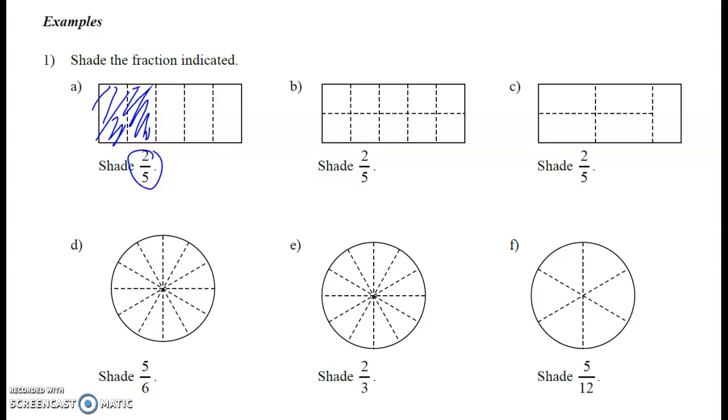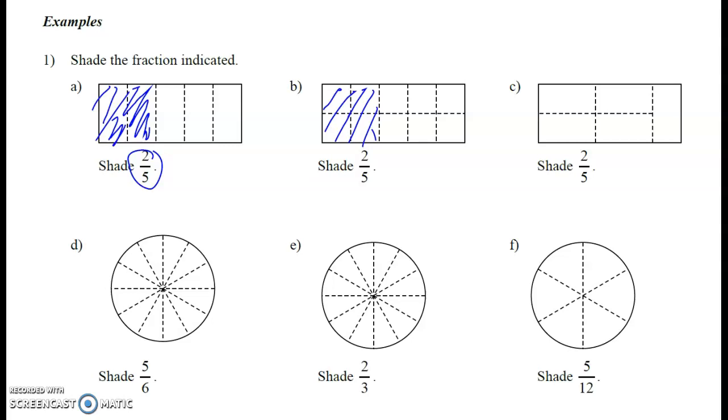This time we're asked to shade 2/5 of this, and we've got 10 equal parts altogether. And so we would need to colour in 4 of those. It's the same amount. If you look at these two diagrams visually, it's the same sort of value. It's just been split an extra couple of ways.